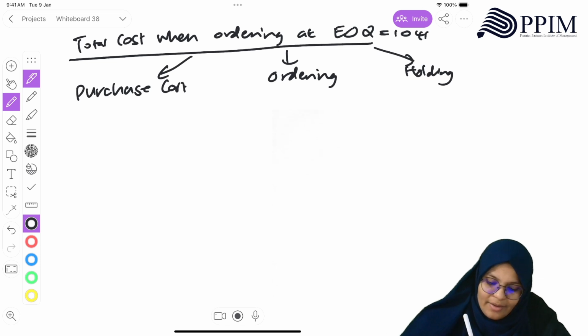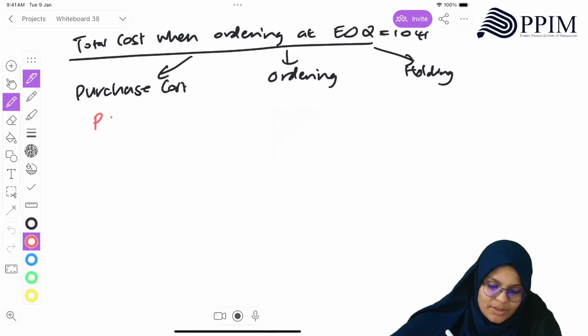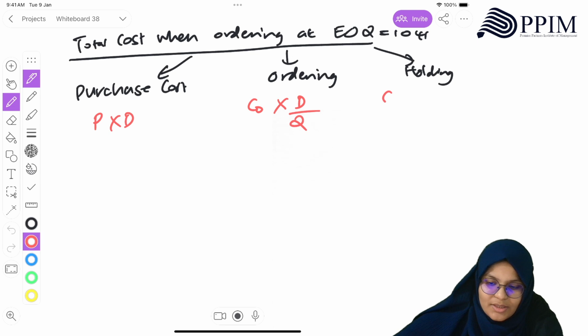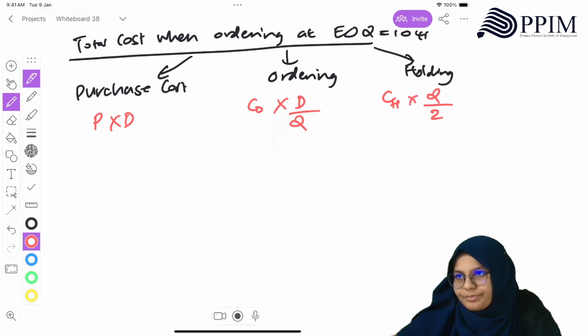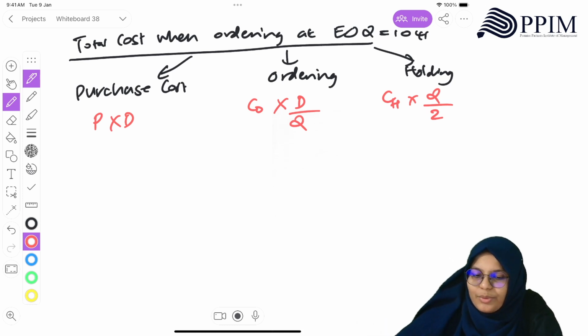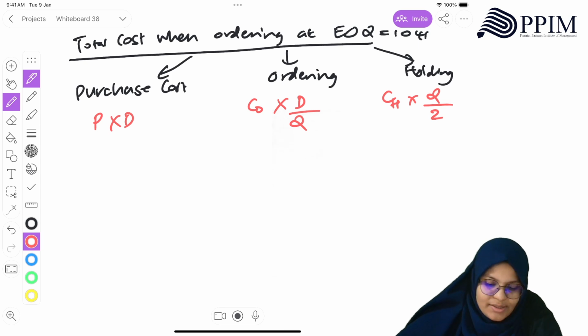Each of them has a particular equation, right? So purchase cost is the purchase price into the demand. Ordering cost is cost of ordering into demand over the quantity ordered. Holding cost is cost of holding into quantity ordered over 2. Okay, so now we need to do the purchase, ordering and holding costs for the EOQ quantity first.